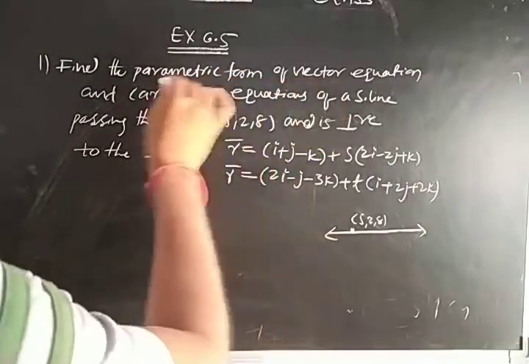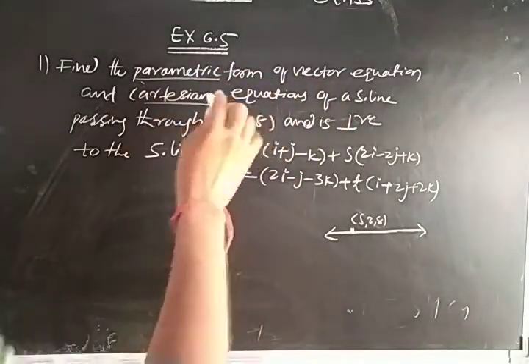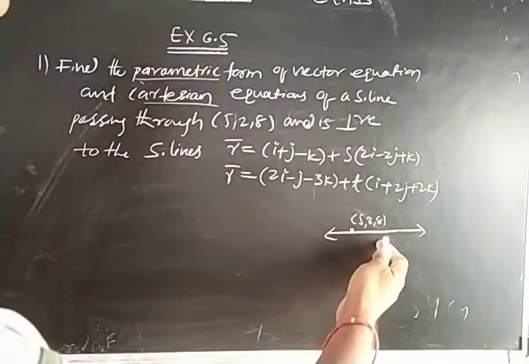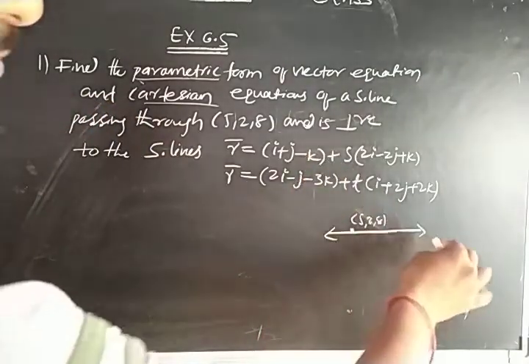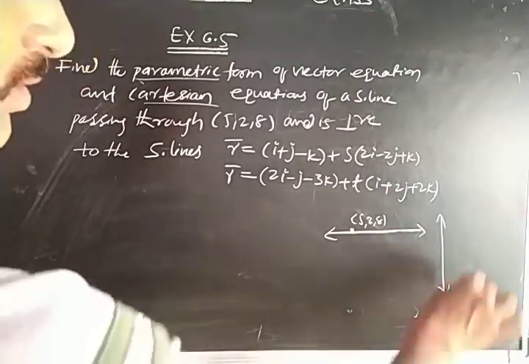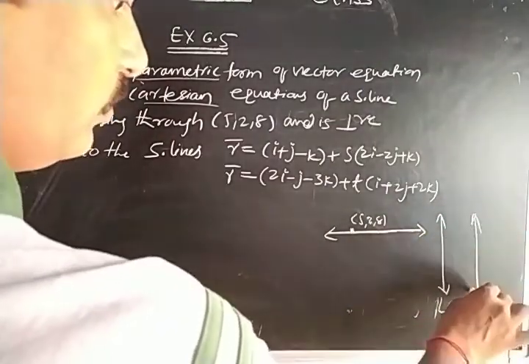We have to find two forms, parametric form and Cartesian form, for only one straight line, and it is perpendicular to the two given lines. Suppose this is given line L1 and this is given line L2.